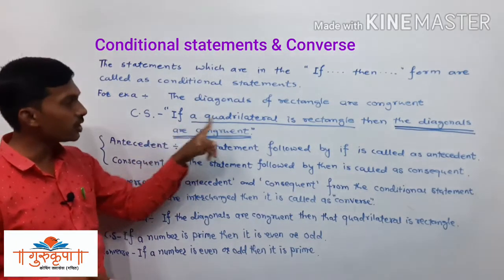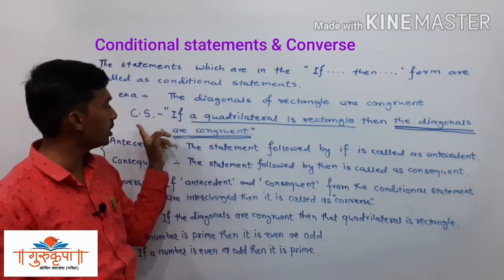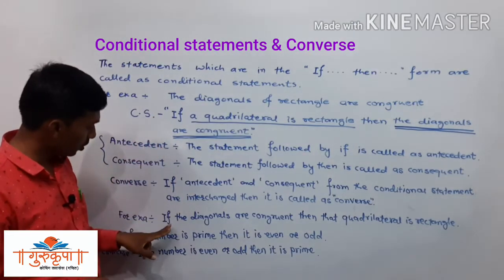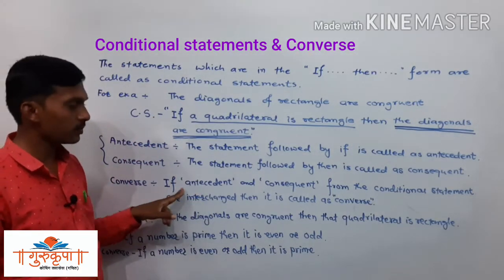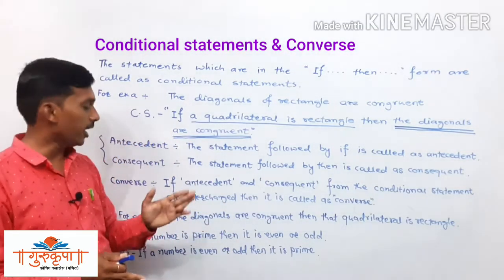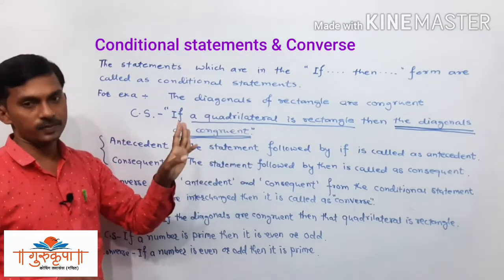This is a simple statement. This is a conditional statement, since "if" and "then" are included between these statements, and we convert it into the converse. See, this is the converse. When the antecedent and consequent are interchanged, that statement is called the converse.